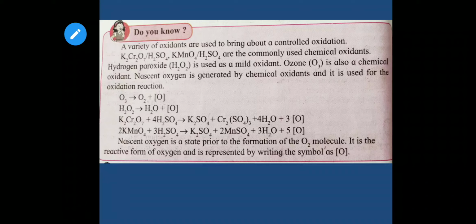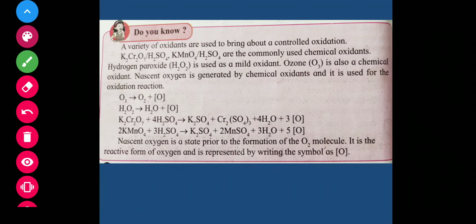Hydrogen peroxide, that is H2O2, is used as a mild oxidant. Ozone, O3, is also a chemical oxidant, meaning oxidizing agent. Nascent oxygen is generated by chemical oxidants and it is used for oxidation reaction.